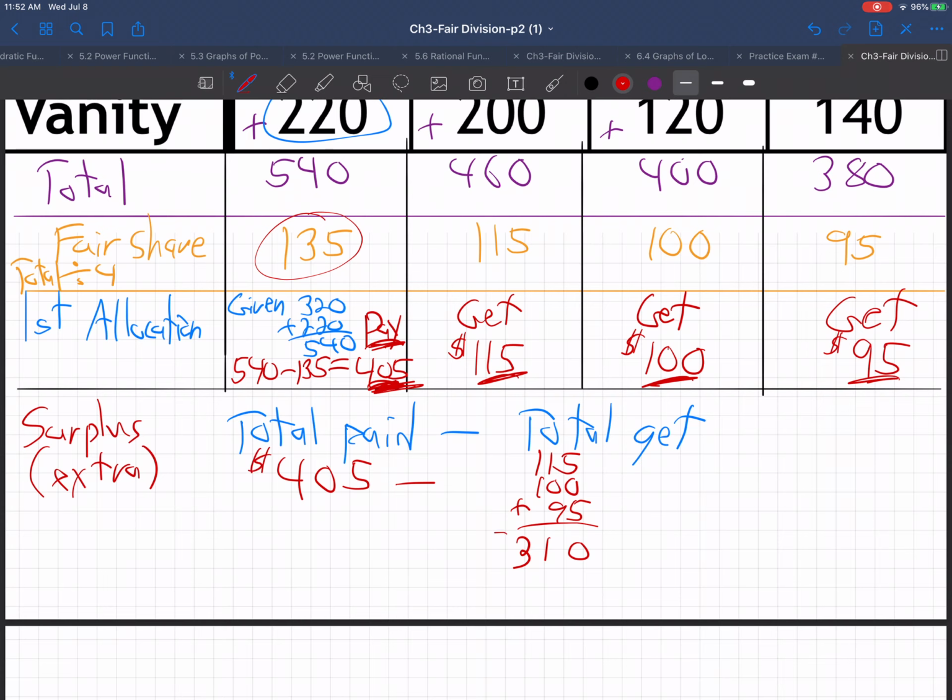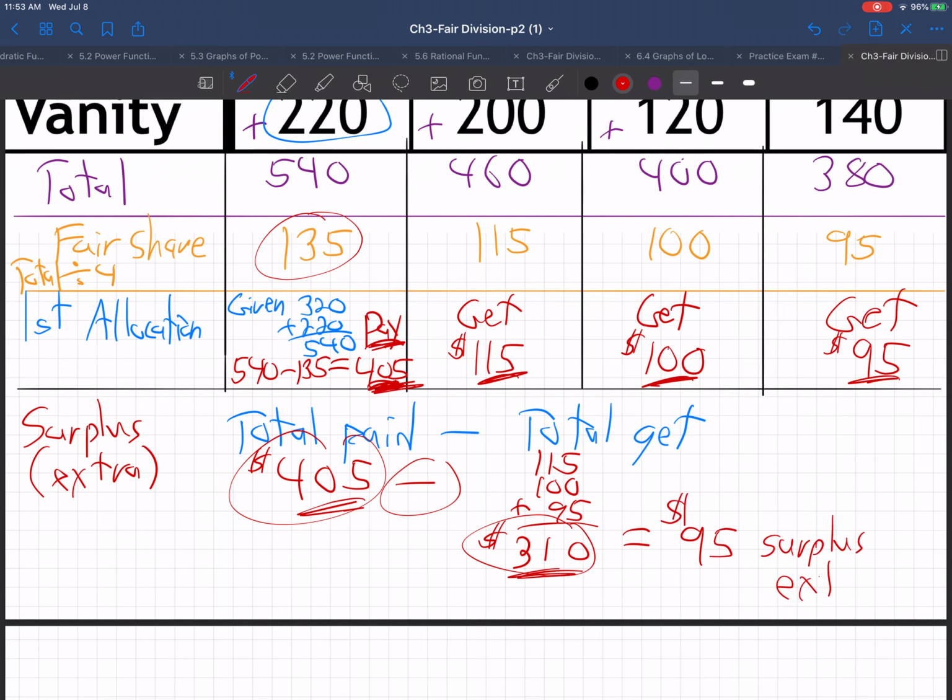$310. So the total people got was $310, and the total paid was $405. So if we subtract this minus this, the difference, is it 95? Let's see, 405 minus 310, yeah, 95. $95 surplus, extra.